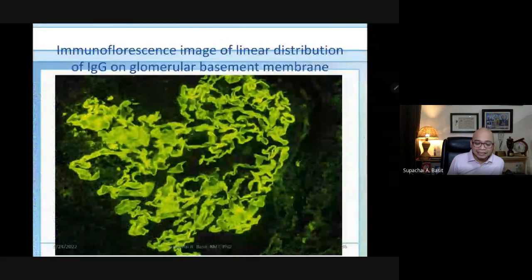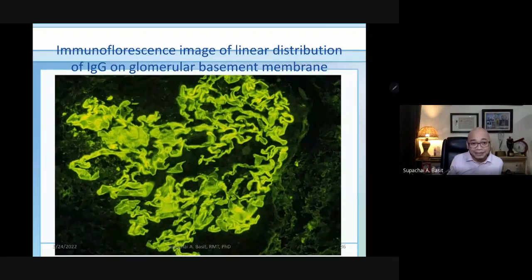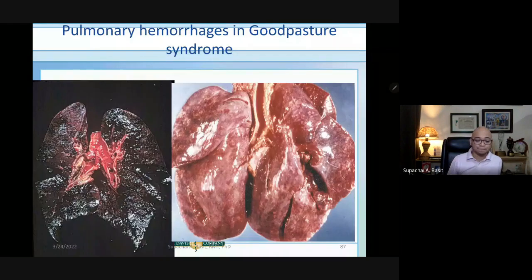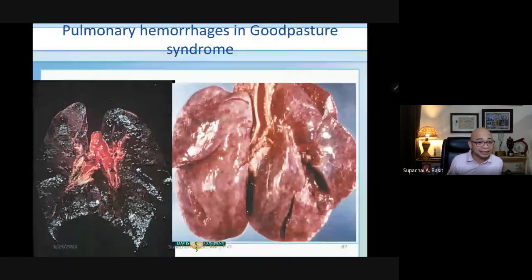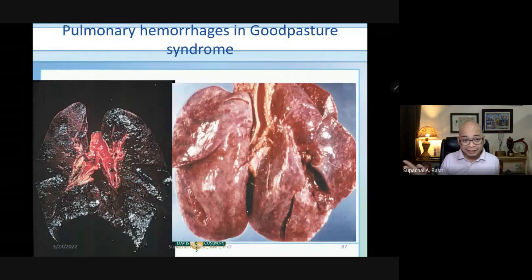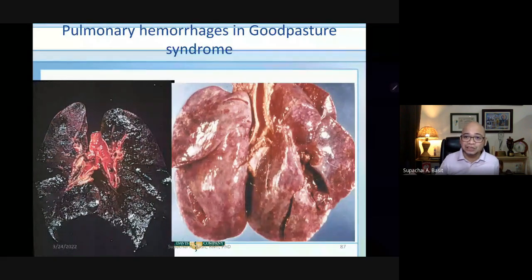And then this is the immunofluorescence image of linear distribution of IgG on the glomerular basement membrane. And then this is the pulmonary hemorrhage in Goodpasture syndrome in the lungs. So if these are present in patients with Goodpasture syndrome, then patients will be characterized by hemoptysis, or coughing out of blood.